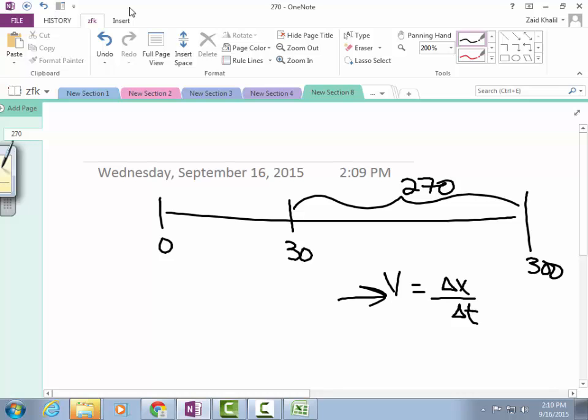Notice, are our new kinematic equations a radically new restatement of this? Yes or no? In other words, are they equivalent? I'll get back to that question in a second. So here, this is 270, right?